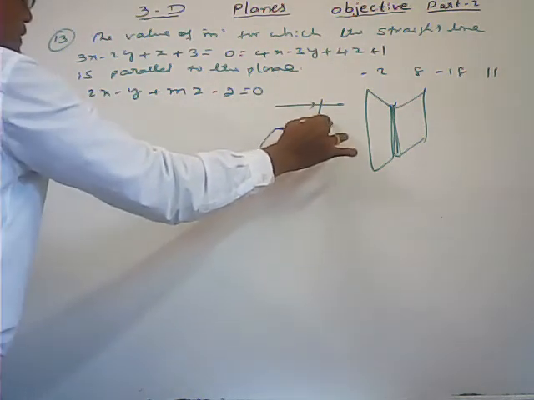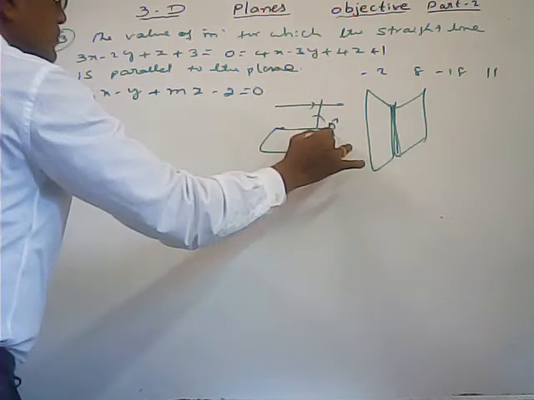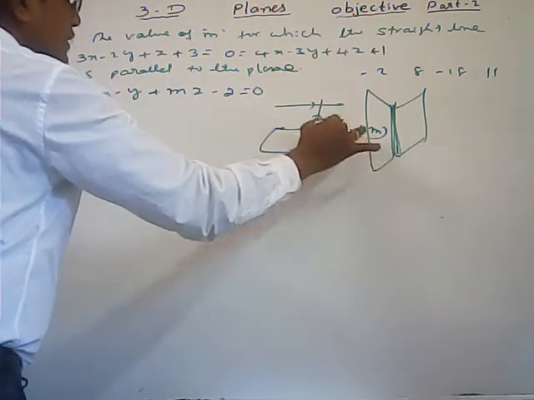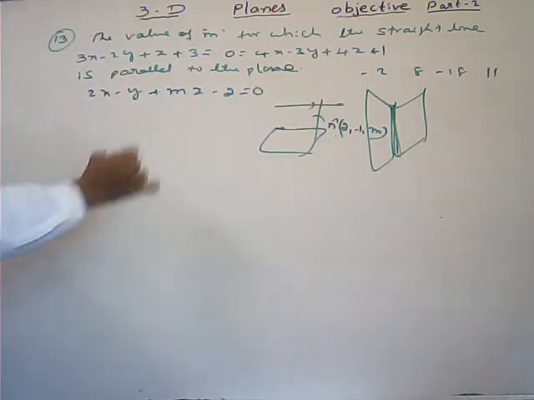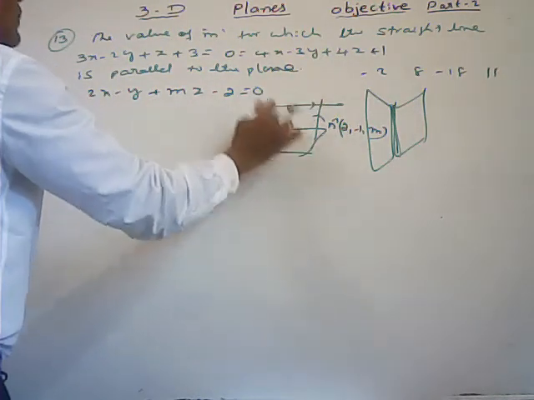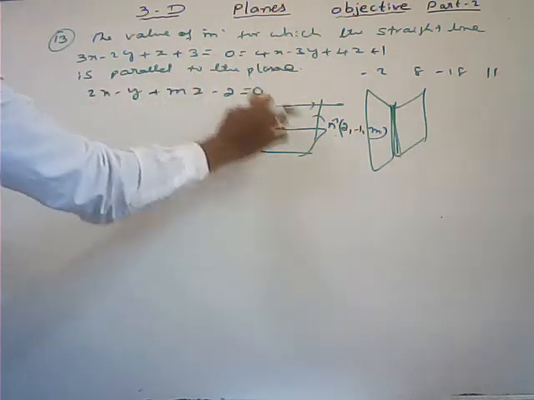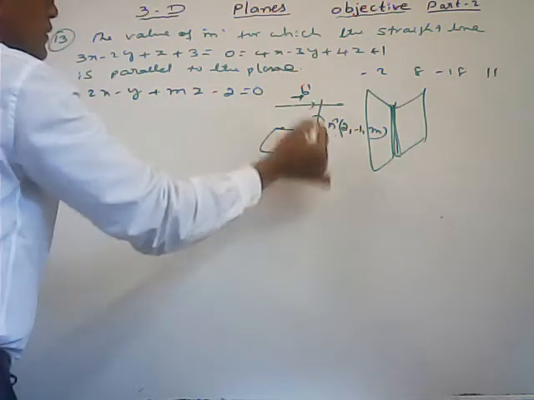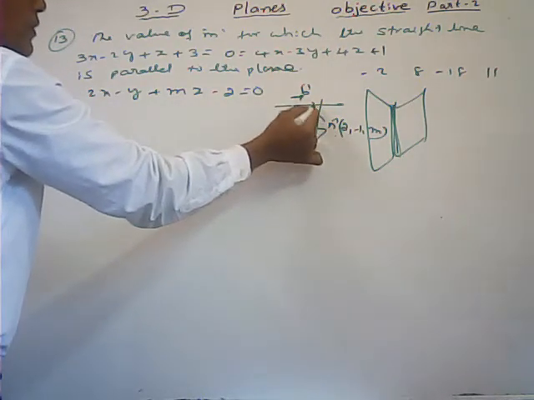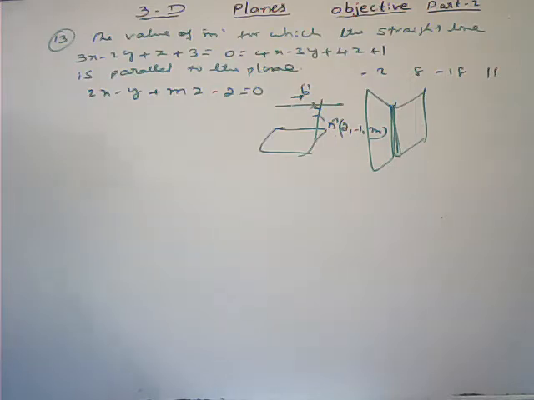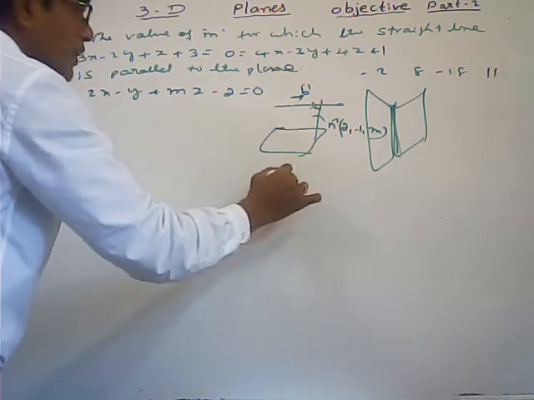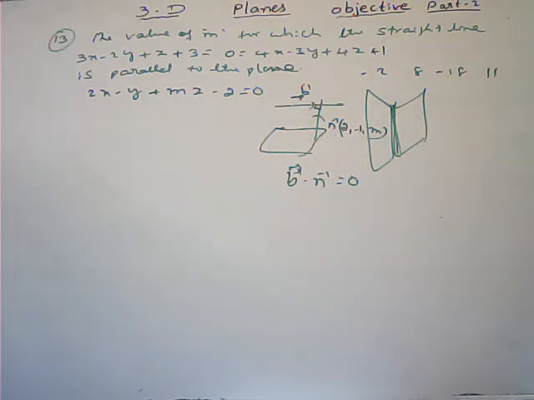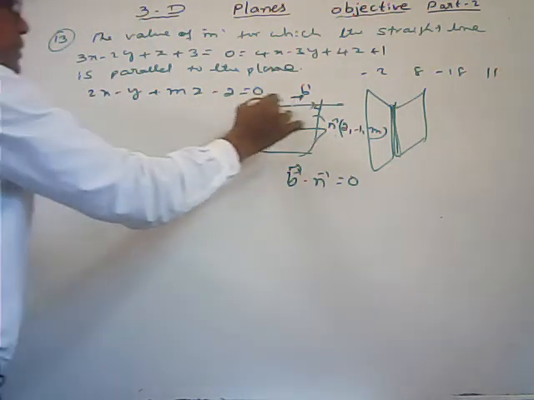So the direction ratios of the normal of this plane are 2, minus 1, m. Here the line of intersection is parallel to the plane. So the angle between the line and the normal is 90 degrees, that is, b bar dot n bar equals 0. How do we get the direction ratios of b bar?